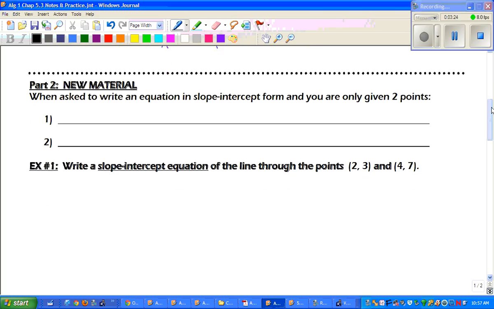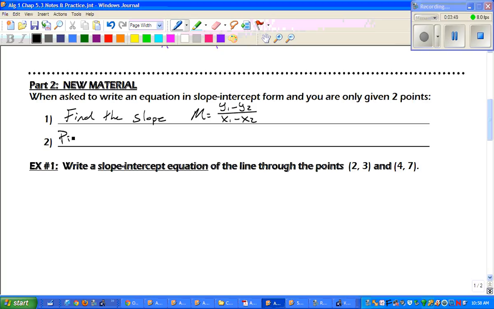Because today we're adding a step. When asked to write an equation in slope-intercept form, and you are only given 2 points, the first step is to find the slope. Okay, and that's when we're using the slope formula, y1 minus y2 over x1 minus x2, okay?